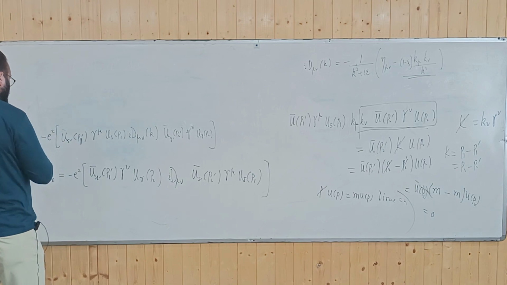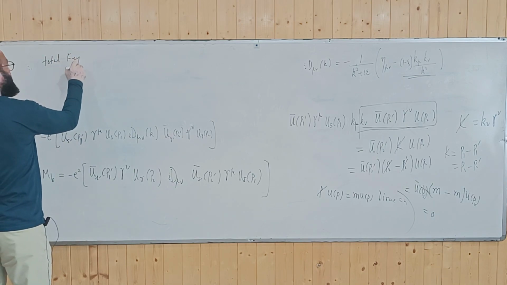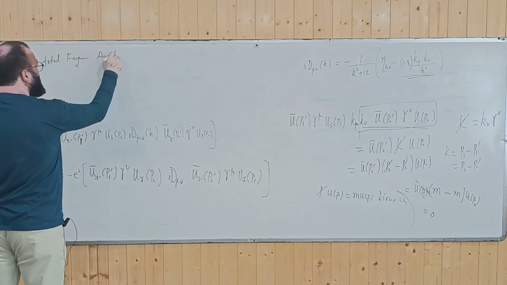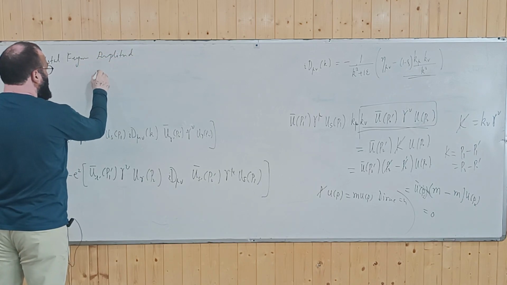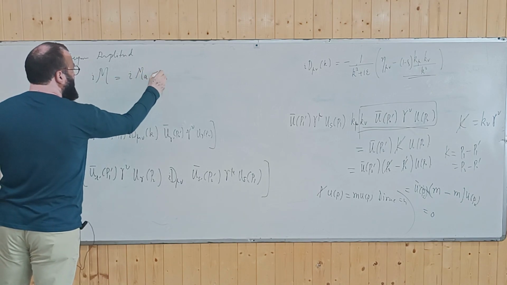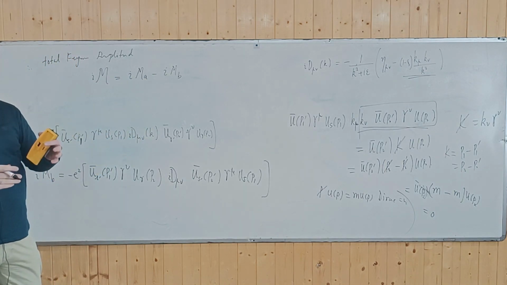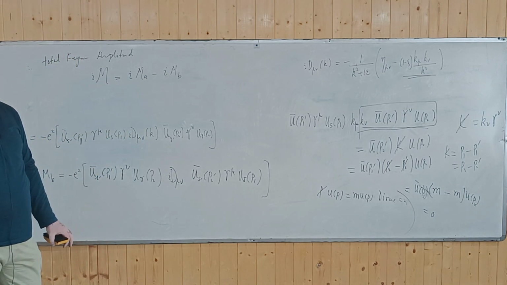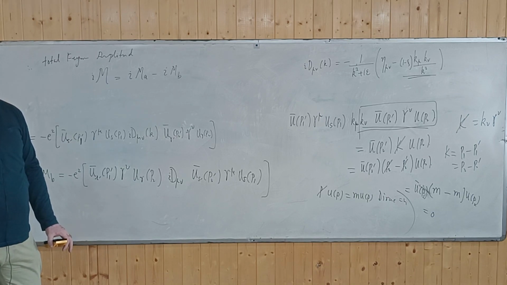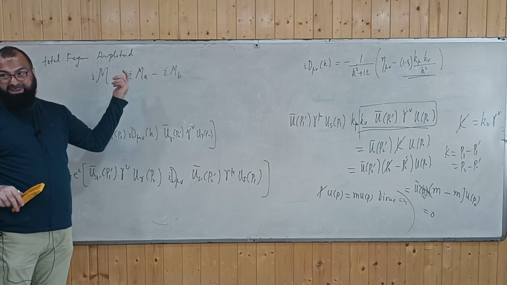So let me write now the total amplitude. Therefore, the total Feynman amplitude is equal to, let me write that as iM, so it is iMa minus iMb. Minus comes from the exchange of fermions, two fermions in the final state. Understood? If they were bosons, then you would put a plus sign.